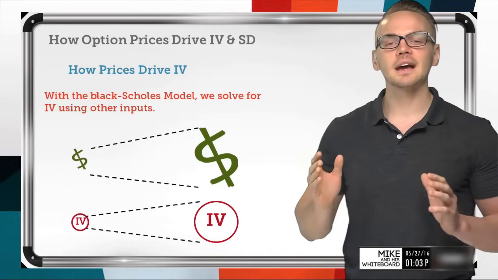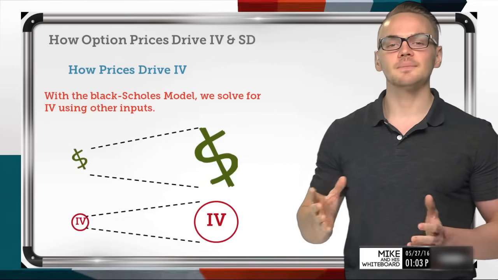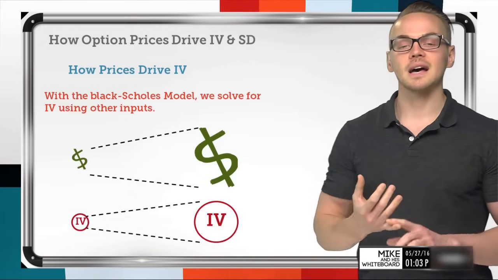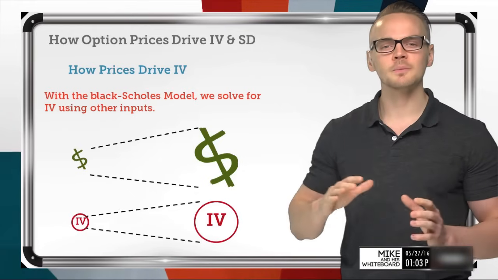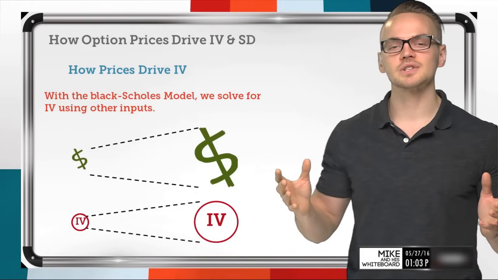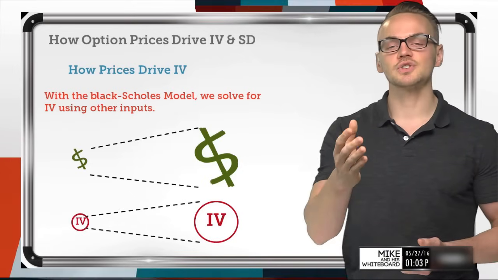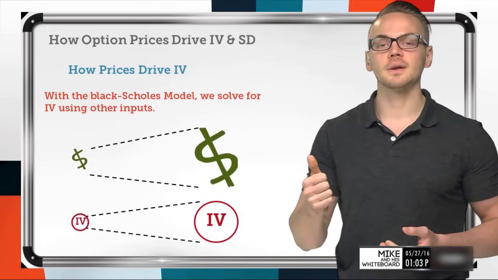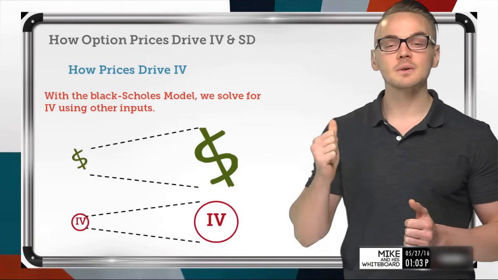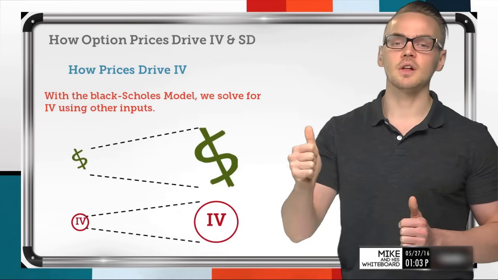But extrinsic value is a number derived from time and volatility. The more time we have until an option's expiration, the more it's going to be priced. Think about insurance: with a long put against 100 shares of stock, we're basically insuring the losses on those shares.